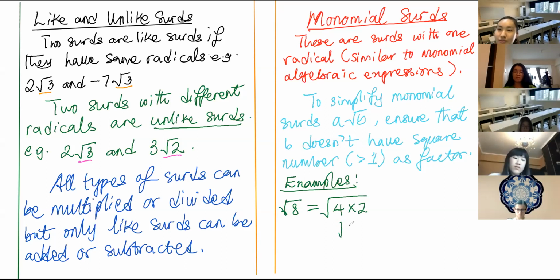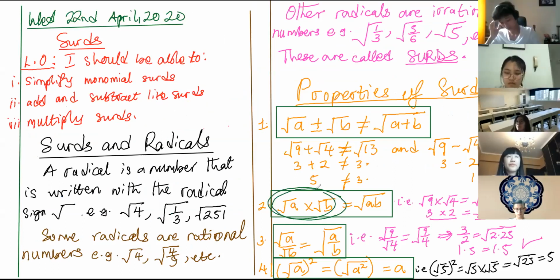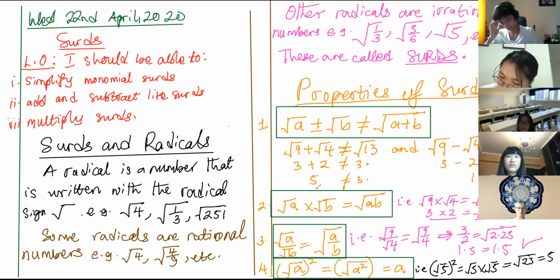Remember, this can be split into 2 by one of the properties. One property says we can combine products, which means if you have it in this form, you can also write it in this form.